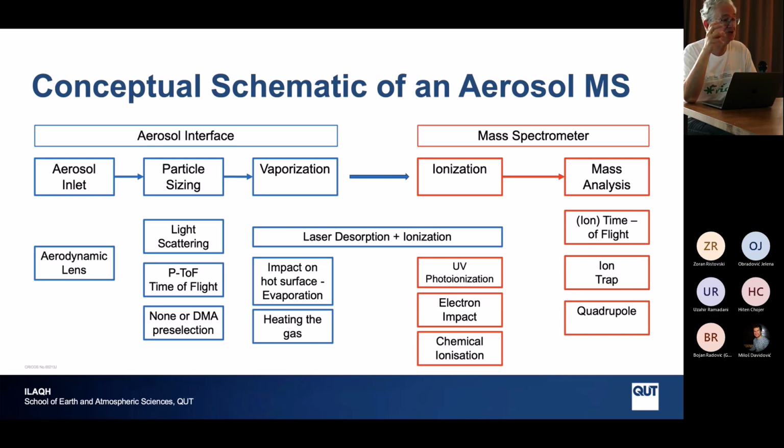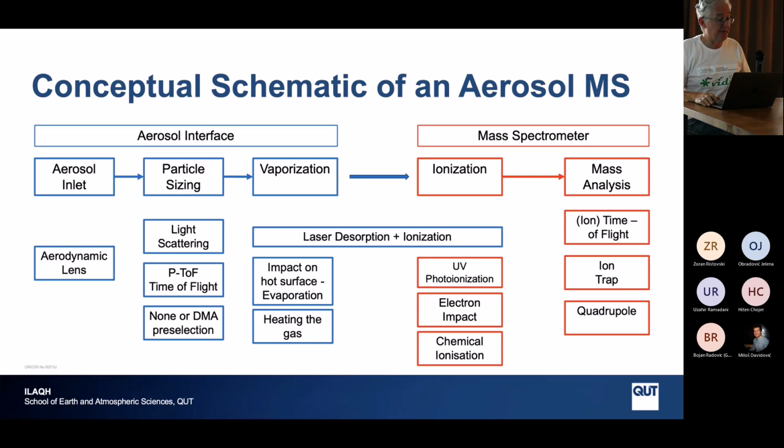In chemical ionization, you have an ion such as H3O+, and this ion has affinity to certain substances. Once in medium vacuum, these ions will attach to molecules and make the molecules charged. Once the molecule is charged, you can then bring it into your mass spectrometer for mass analysis: time of flight mass spec, ion trap, quadrupole, etc.